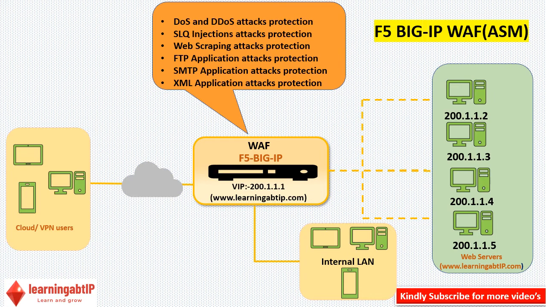Yes, we have a module in F5 called Web Application Firewall, previously called Application Security Manager. Big IP WAF is deployed between the web clients and the web application server. It analyzes each HTTP and HTTPS request and blocks potential attacks before they reach the web application servers.